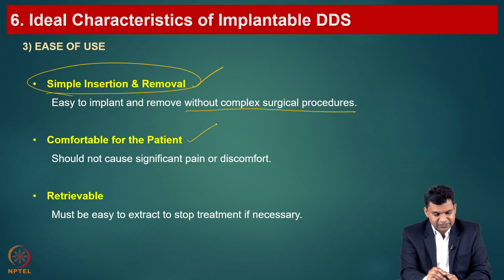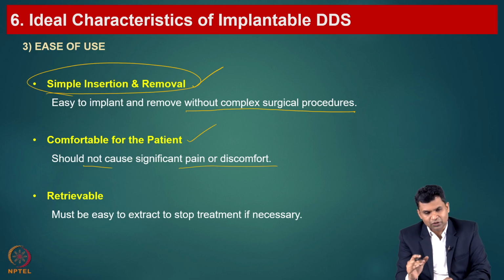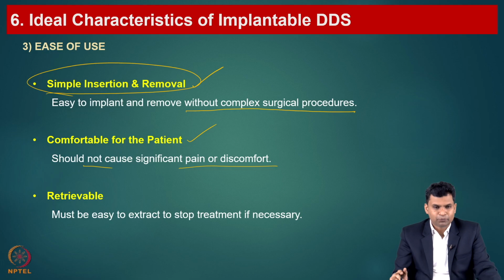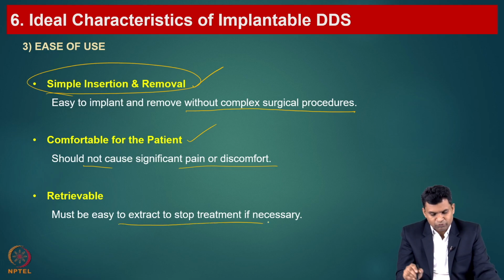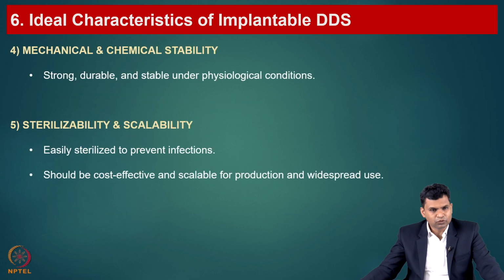Comfortable for the patient: it should not cause any significant pain and discomfort, but during the operation and surgery, doctors will definitely provide anesthesia and then follow the procedure. Retrievable: easy to remove, and it should not leave any residues from the implantable materials. And the fourth one is mechanical and chemical stability.